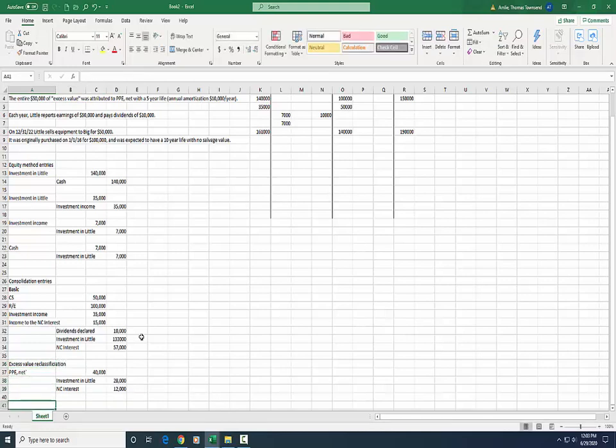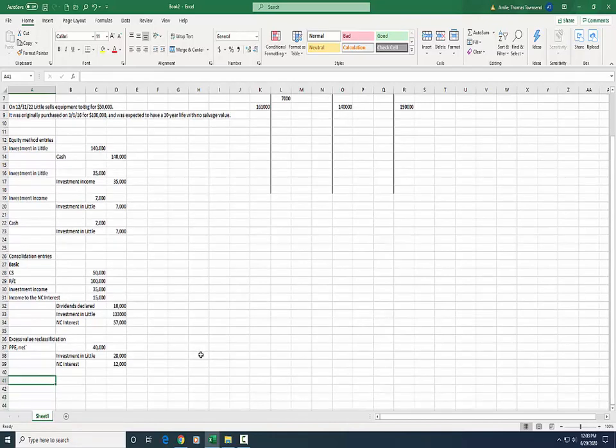Okay, and then lastly, we have to deal with the amortization of that excess value. Now again, as far as we were concerned, little company is not reporting enough property, plant, and equipment, which means they're not reporting enough depreciation expense. Now, what we've done here is we've adjusted the property, plant, and equipment so it has what we view as the correct value. We need to do the same thing with the depreciation expense.